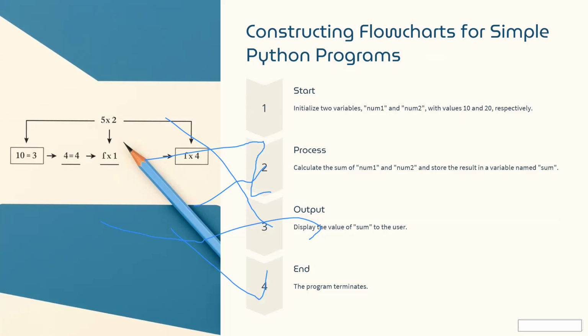The first thing is you initialize two variables, num1 and num2, with their values 10 and 20. Then process: calculate the sum of num1 and num2 and store it in a variable named sum. Then display the value of sum to the user and end the program.